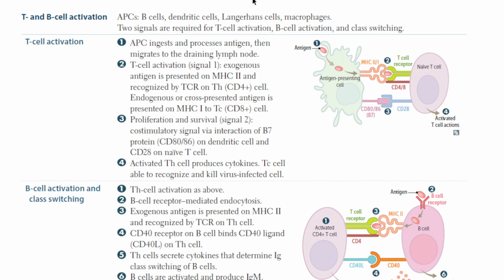Two signals are required for T cell activation, B cell activation and class switching too. The two signals are described down here.